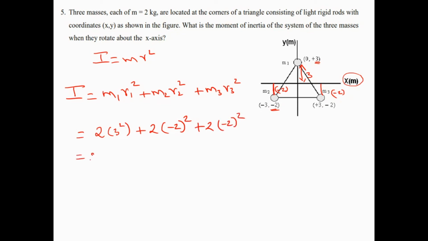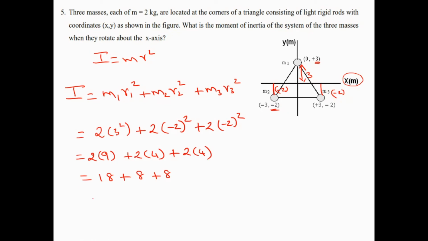So now what will you get? 2 multiplied by 9 plus 2 multiplied by 4 plus 2 multiplied by 4. So 9 multiplied by 2 is 18, plus 8, plus 8. So we got the value of 34.